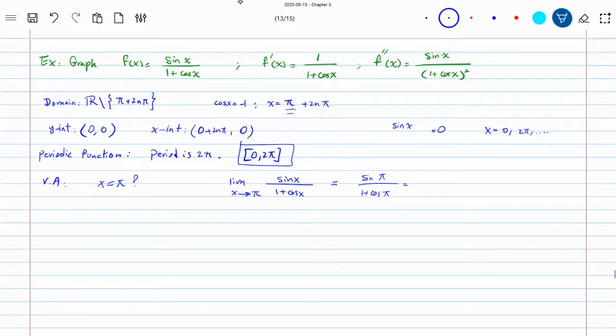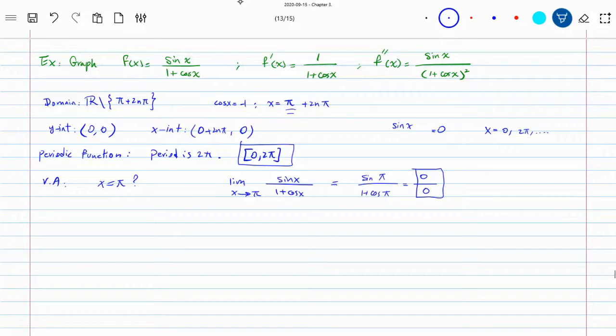Sine of pi is 0, cosine of pi is -1, so you'll get 0 over 0. So now the question is, is this acceptable to be a vertical asymptote or not?